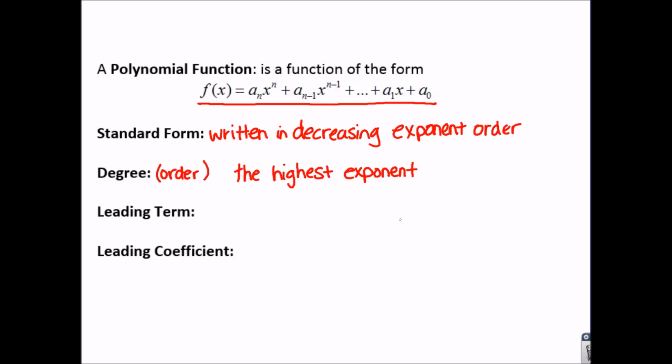So for example, when we talked about quadratics, the highest exponent in all of those equations was a 2. There was an x squared term, so that is considered a second degree polynomial. The leading term is the first term when the polynomial is written in standard form.